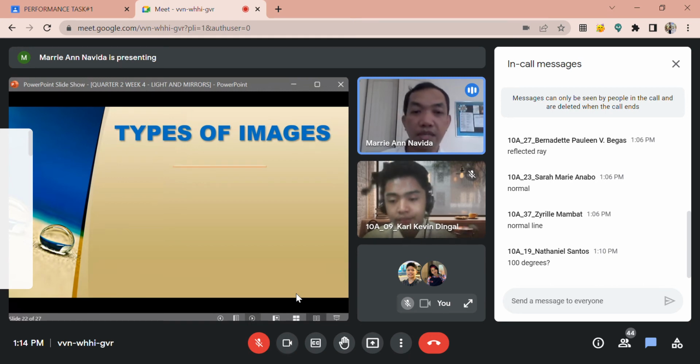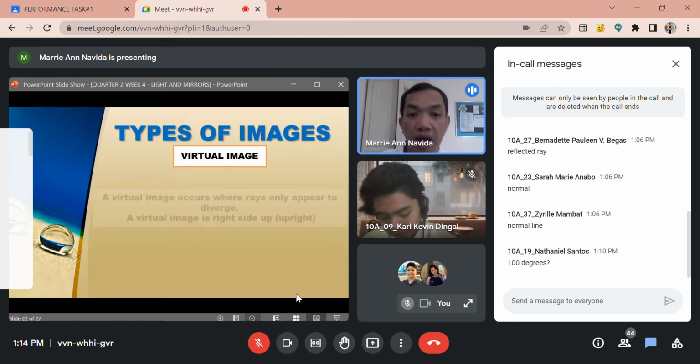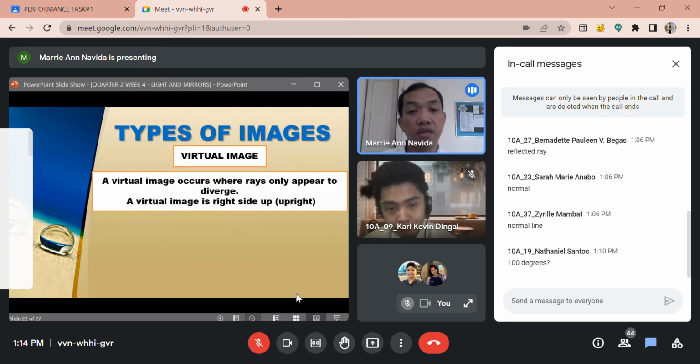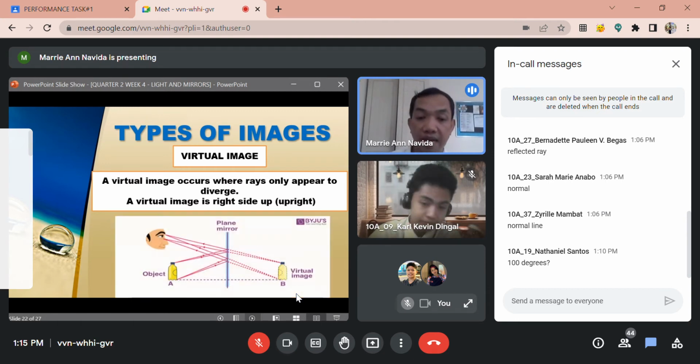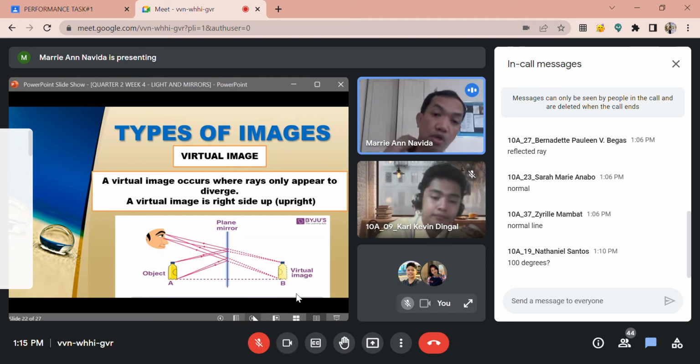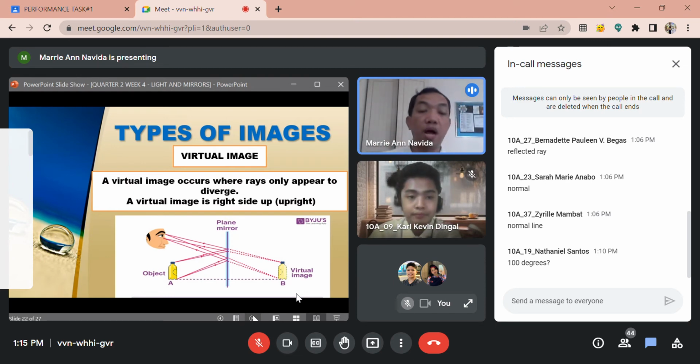For the types of image, you have the virtual, which occurs where rays only appear to diverge, where a virtual image is right side up or upright. Look at this one. If you are looking at the mirror, then what you are seeing is what we call the virtual image.